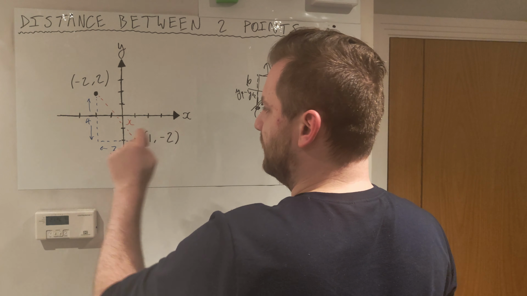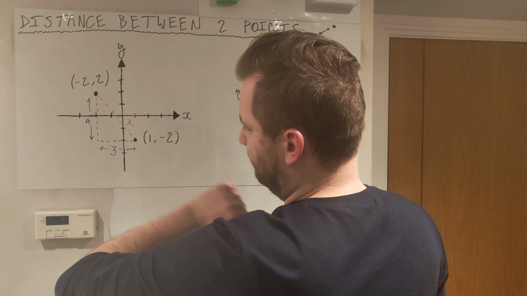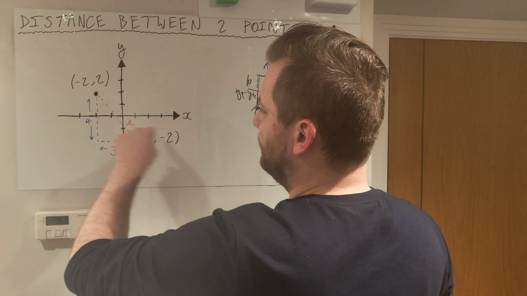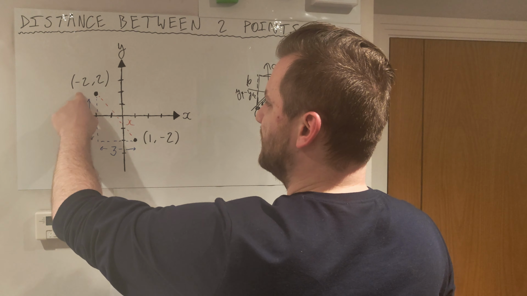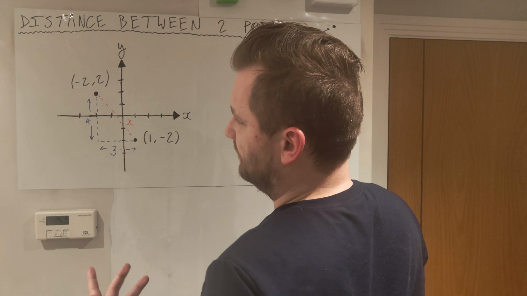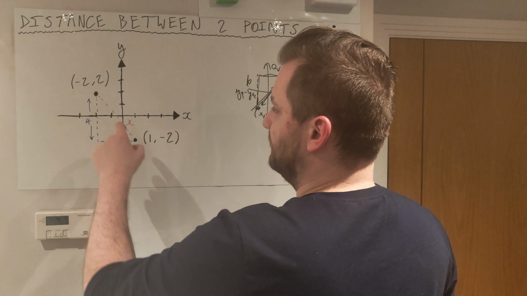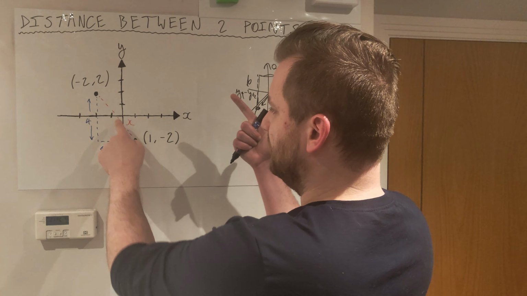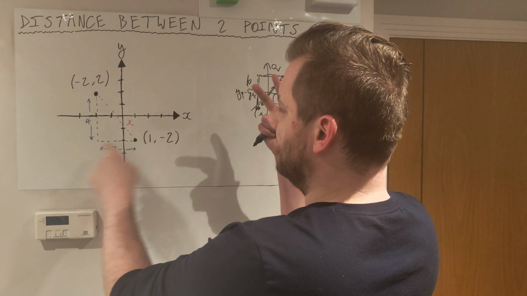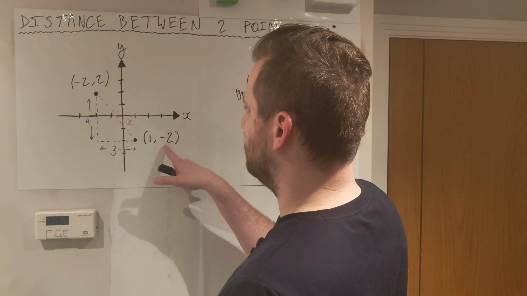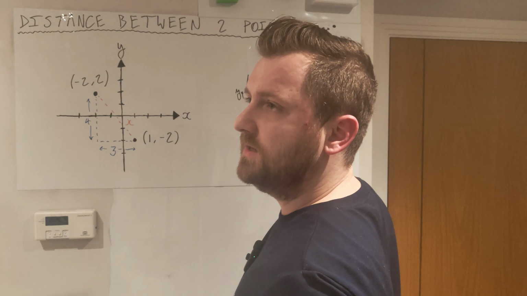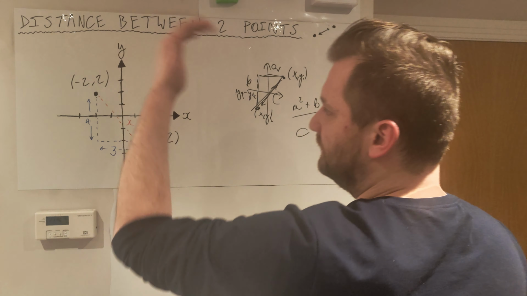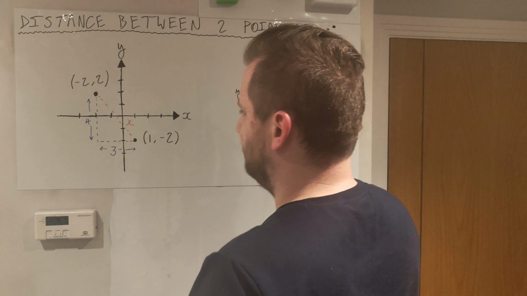We're effectively going from this point to this point. How far are we going horizontally for x? Well, minus 2 to 1 is 3. That's the difference, because you have your minus 2, minus 1, 0, and plus 1. So it's literally 3 across. And if we're going from minus 2 to 2, the difference is 4.